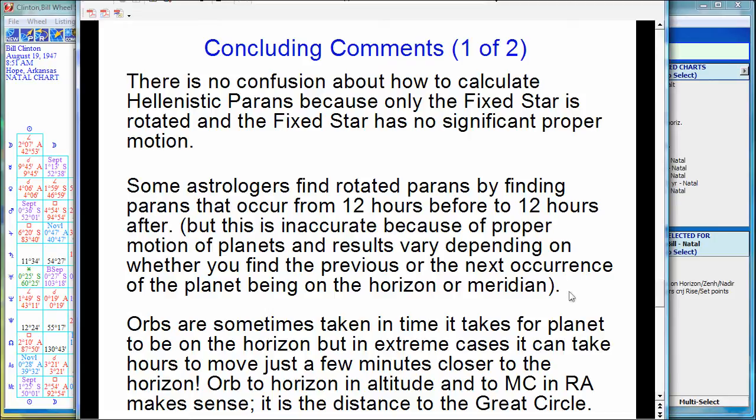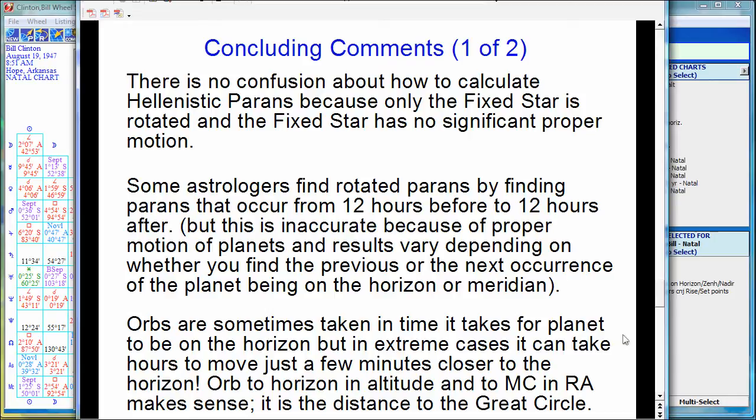You have to actually rotate the sky, logically and according to what these ideas are. That's what you have to do. The other question is how you measure orbs. People that are moving the chart forward and backward to see what Parans occurred up to 12 hours before and after they're born will measure it by time. How far apart do these things happen in time?